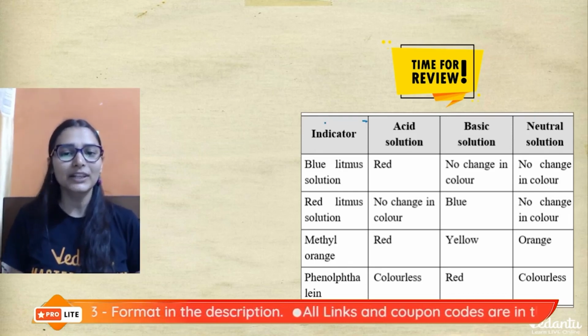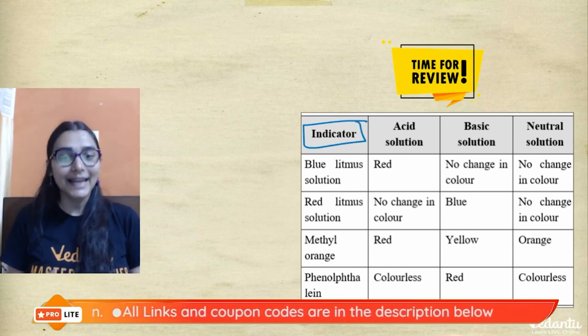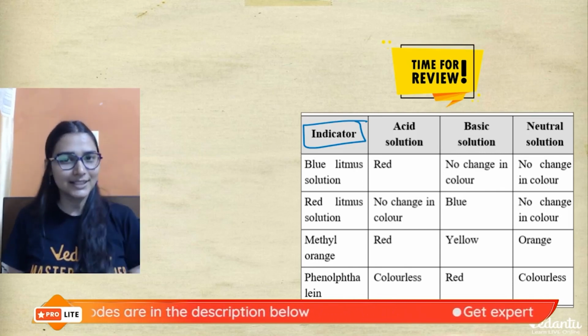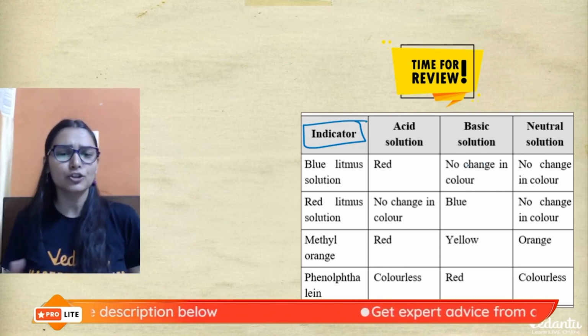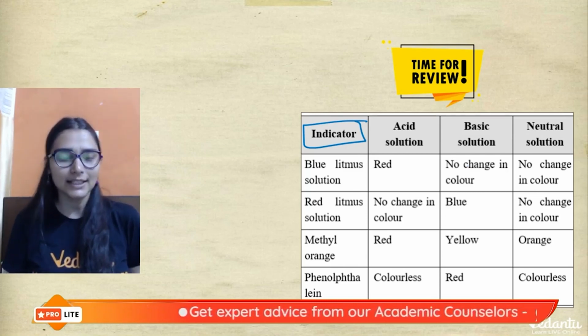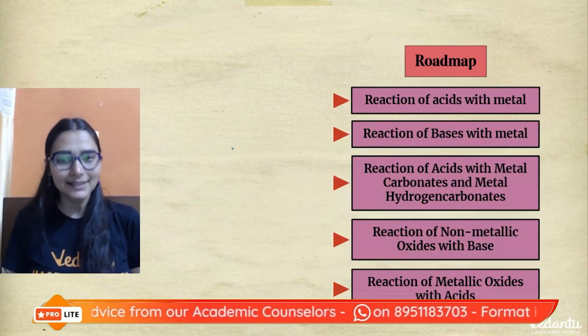We can simply use indicators there, the substances which will let us know the presence of acid or base in the given solution with the help of some color change or smell change. We discussed the color based indicators and the olfactory ones. So revise that session, okay?